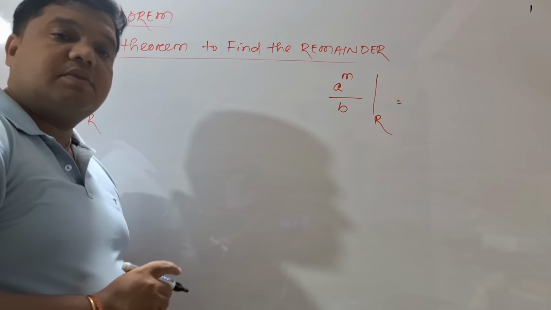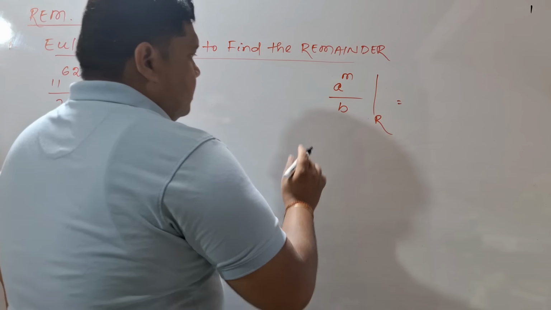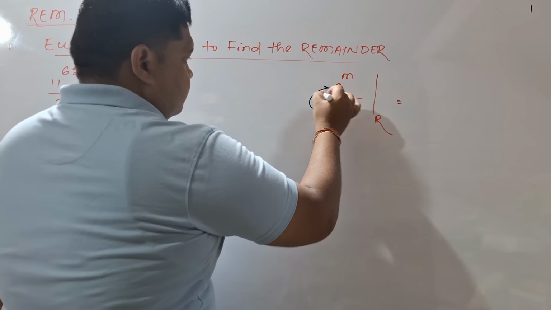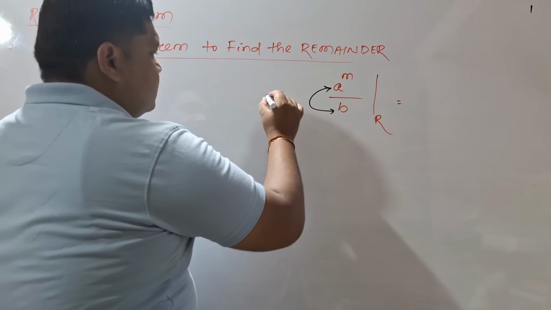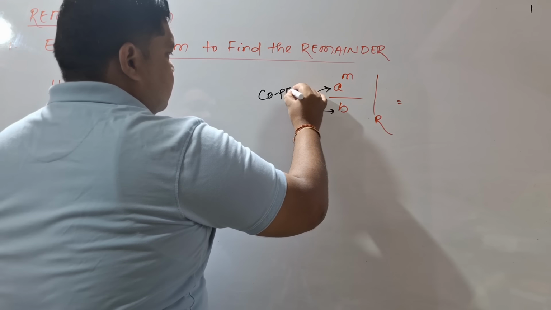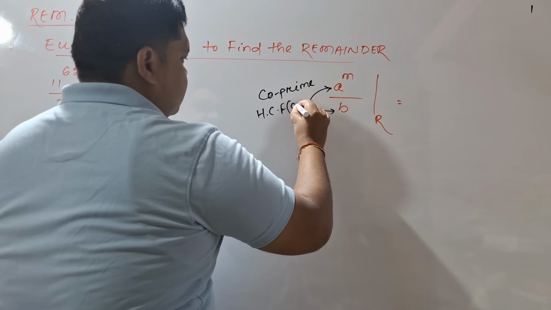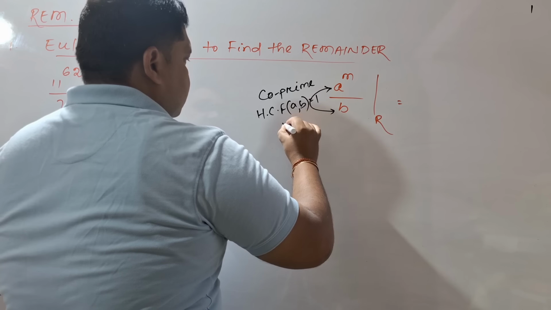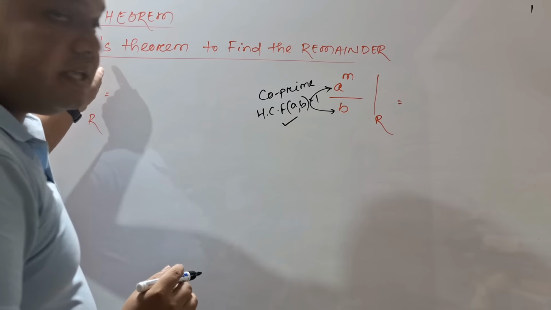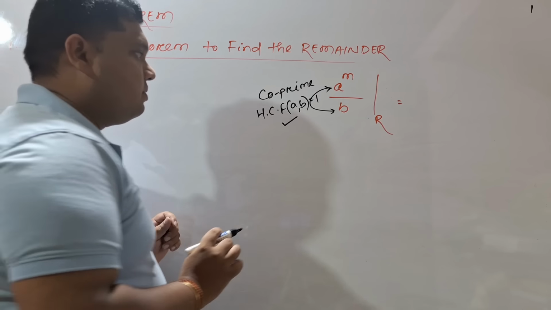So first we will discuss the restriction. If these two numbers are co-prime with each other, co-prime means HCF of a and b must be 1. If they are co-prime, then you can apply Euler's theorem.